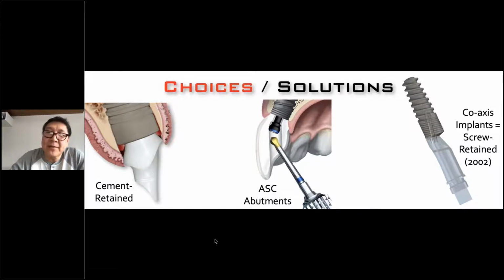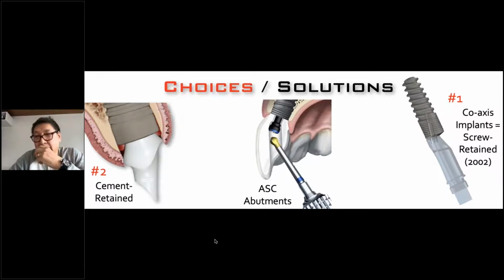Now, my number one would really be using biaxial implants, because you're changing the angulation at the implant level, not the abutment level. The second choice for me would be cement retained. Again, it's not my favorite, because then I have to manage the cement and removal. Using customized abutments clearly improves that.